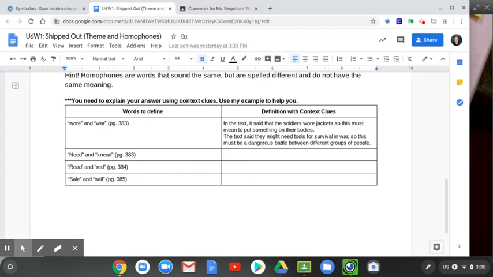So this must be a dangerous battle between different groups of people, because if they need the tools to survive, it must be a dangerous thing. All right, your job is to reread and define each word, complete sentences using context clues. That's all I have for you today. So if you have any questions, please let me know, but it should not be too new for you.